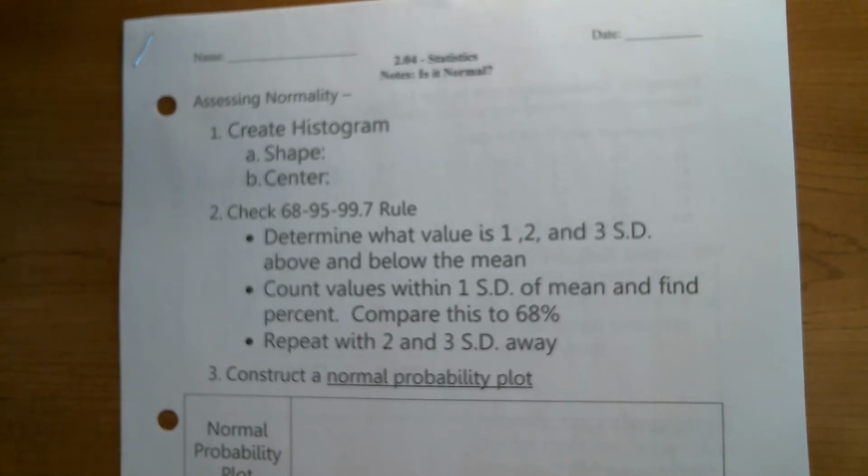We are assessing normality. Now, why is that something we need to do? Last time we looked at the normal distribution and we started using things like NCDF and inverse norm. And I said that these curves basically served as an approximation for the actual histogram. It turns out that they're a very accurate approximation, but an approximation nonetheless.